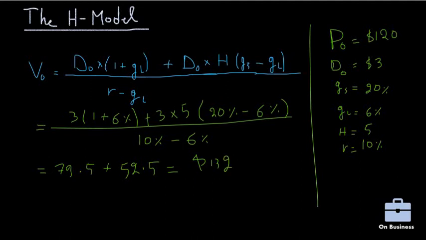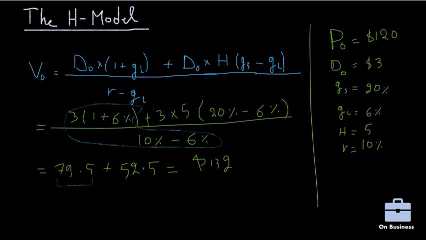Note that the 79.5 is the first term divided by the denominator, and therefore it's the part of the total value, of the 132, that comes from the normal growth period, which is the long term.